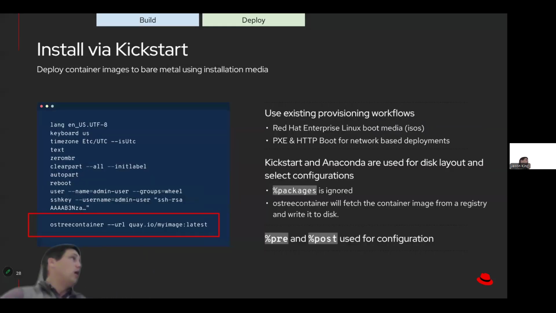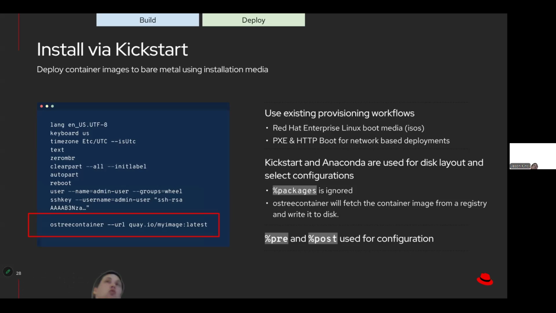Yeah. So you can also deploy it via Kickstart. If you're familiar with the RHEL or enterprise Linux ecosystem, Kickstart is like Debian preseed, I think. It's a way of specifying in a config format what the installer should do to install the OS, right? You can see that there is no %packages, because we don't need that.